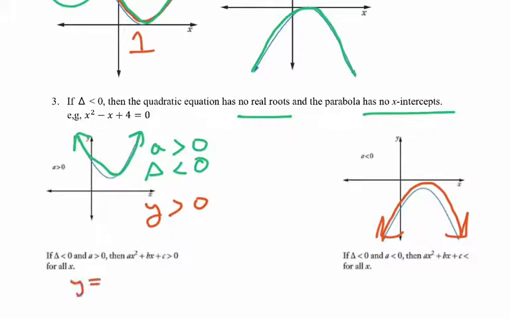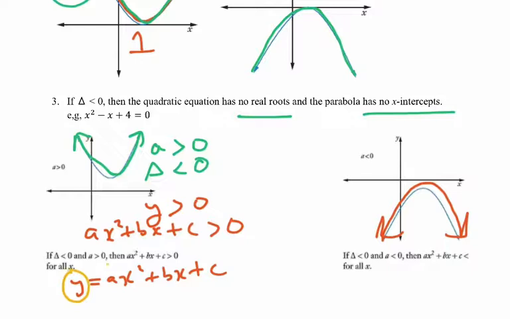Well, we know that y equals ax squared plus bx plus c. So we could say that y is bigger than 0, but we could also say that ax squared plus bx plus c is bigger than 0. Because if y is bigger than 0, then ax squared plus bx plus c must be bigger than 0.